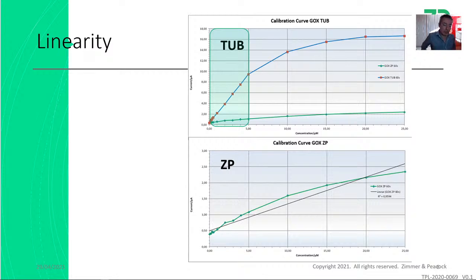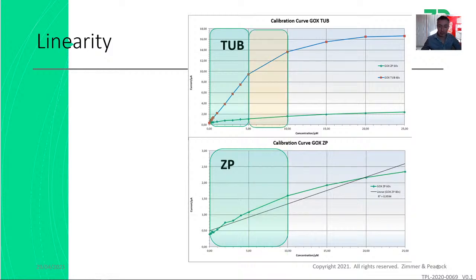I don't know these people's final application, but I have a feeling that they are interested in human health, because the range they're looking at is 0 to 25 millimolar. So look what happens. They have a good linearity from 0 to 5 millimolar, and with the ZP formulation, I would actually say you have a good linearity from 0 to 10 millimolar.